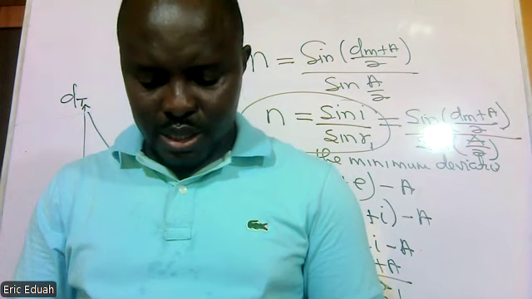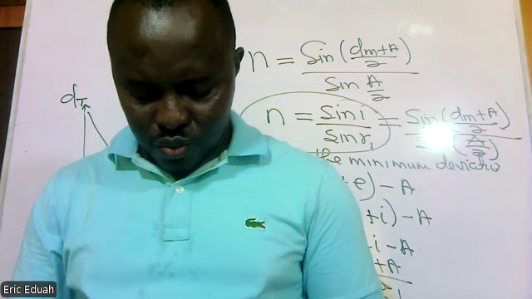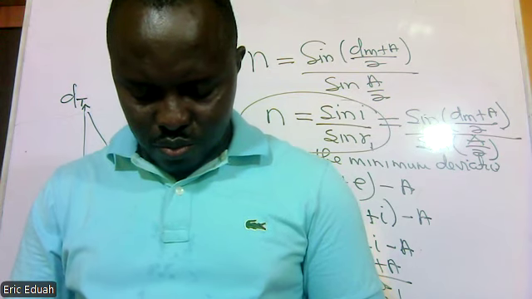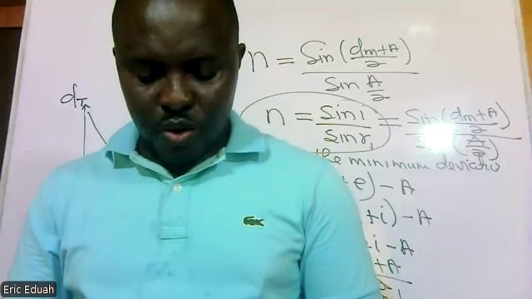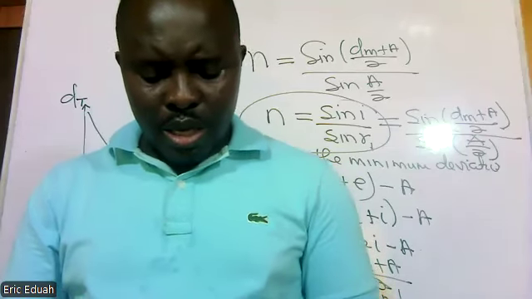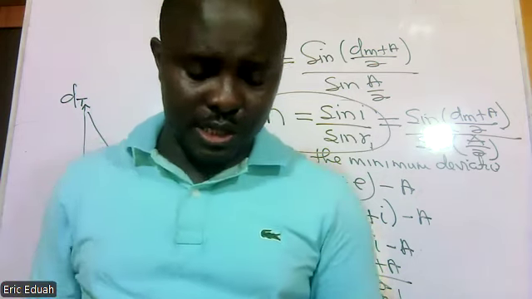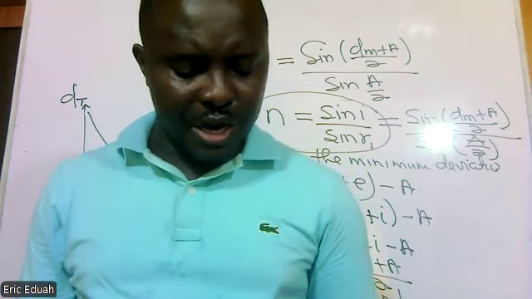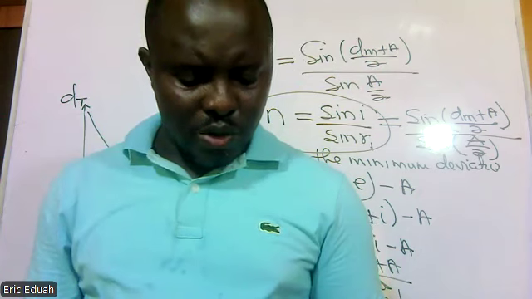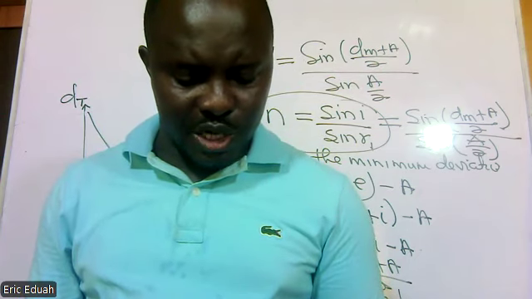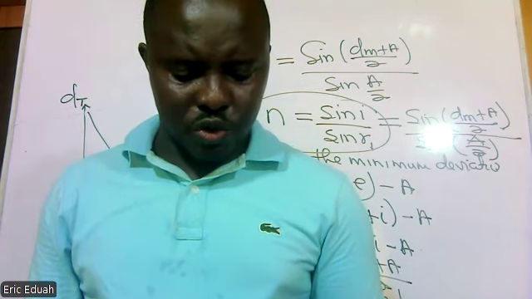So question 1 is here. Then the first one is question 2. Question 1: if in a prism A is equal to 60 degrees and the refractive index is 1.52, calculate the minimum deviation of a ray of light that passes through it.